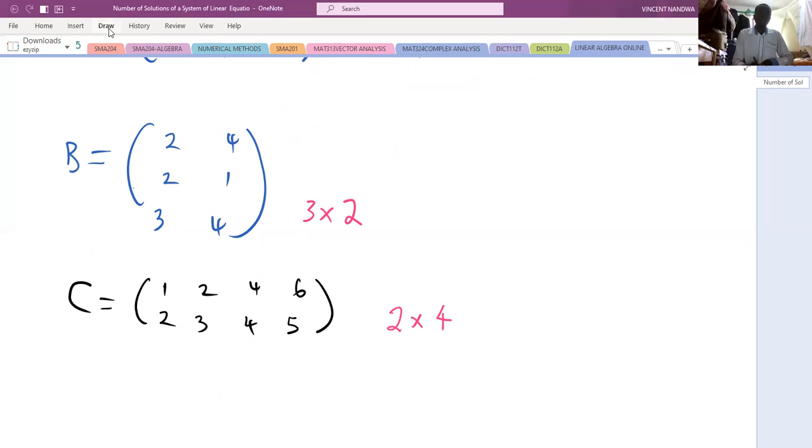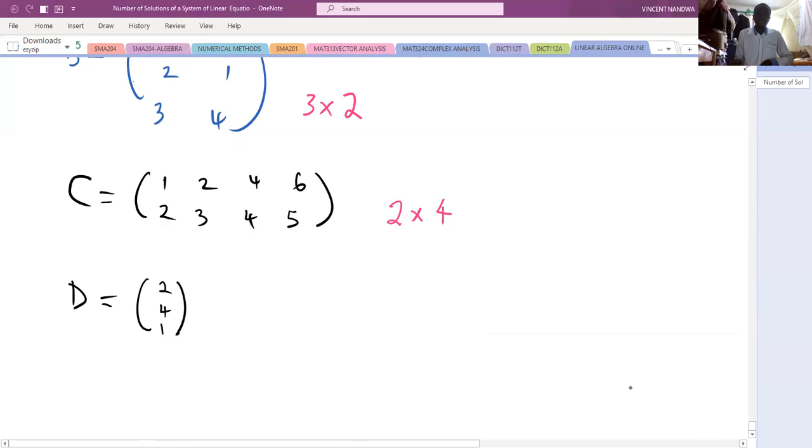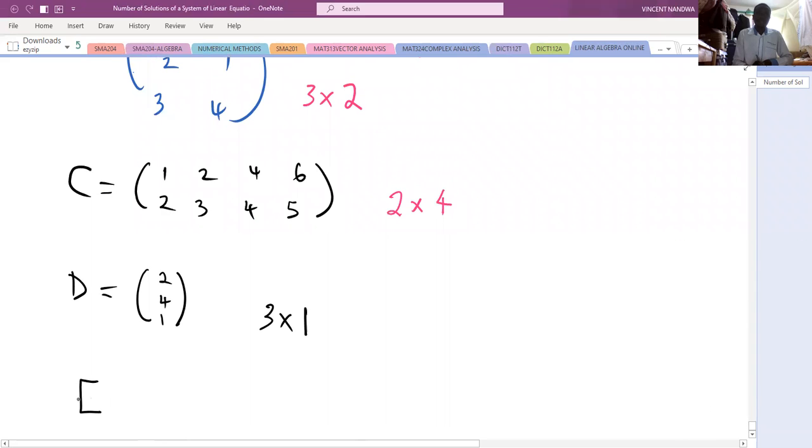And then if I have D given by 2, 4, 1, then the rows we have 1, 2, 3, columns we just have 1. And then if I have E, 1, 3, 5, 6, then row we just have 1, columns I have 1, 2, 3, 4.